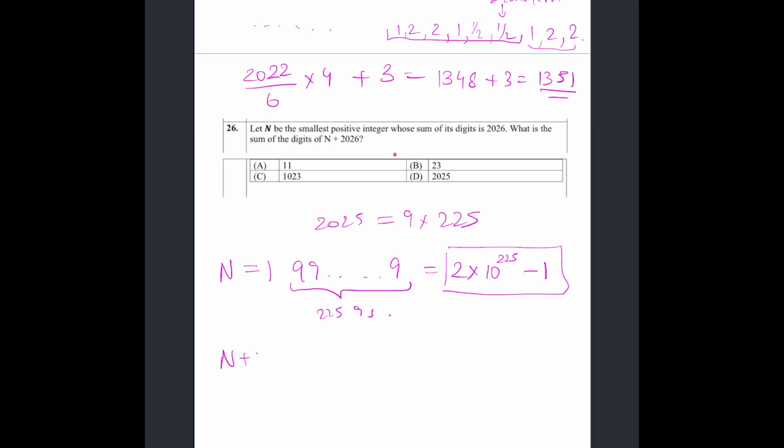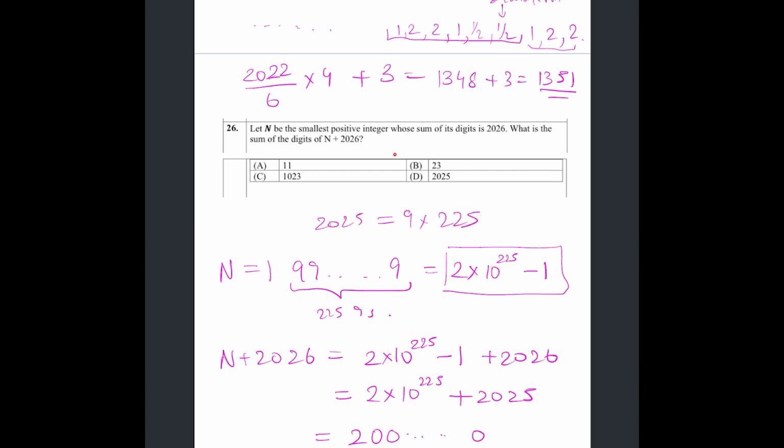And n plus 2026 will be 2 into 10 power 225 minus 1 plus 2026, which will be something like this: 2 followed by many zeros and then 2025 in the end, right?